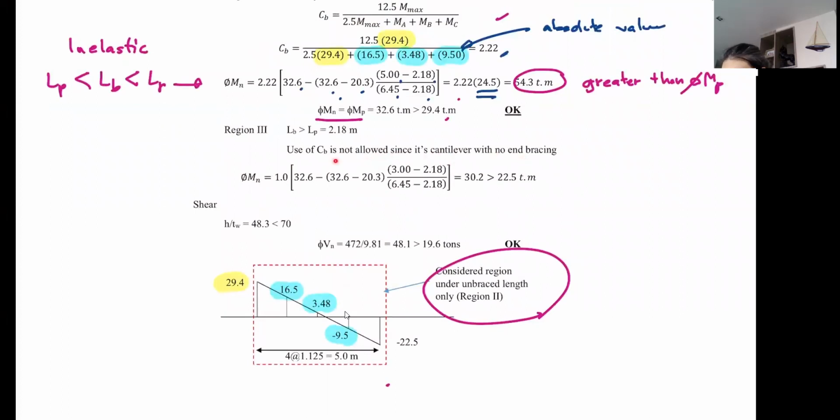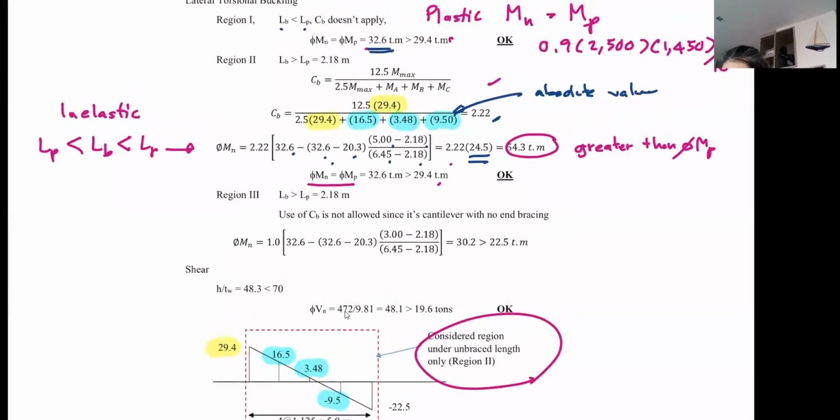So it's just this calculation, but change your LB into 3 meters. It only exceeds the limit LP a little. CB is equal to 1. So we have a slightly lower number from phi MP, which is 32.6. Now we have only 30.2, but still it is greater than the moment in that region. So we are still okay.